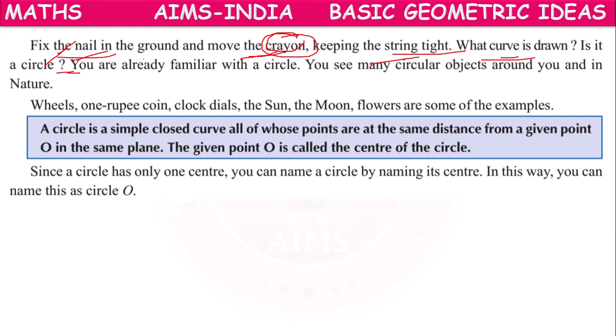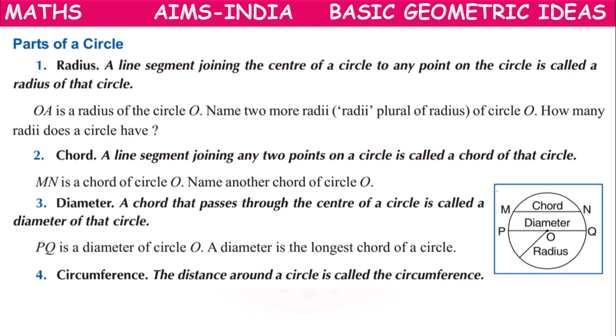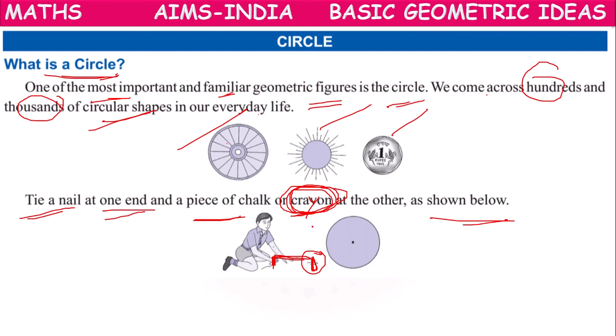Is it a circle? Yes, you can observe a circle. If you fix the nail in the ground and move the chalk piece around, keeping the string tight, you will get the shape of a circle. This middle point, the fixed point of the nail, is the center of the circle.